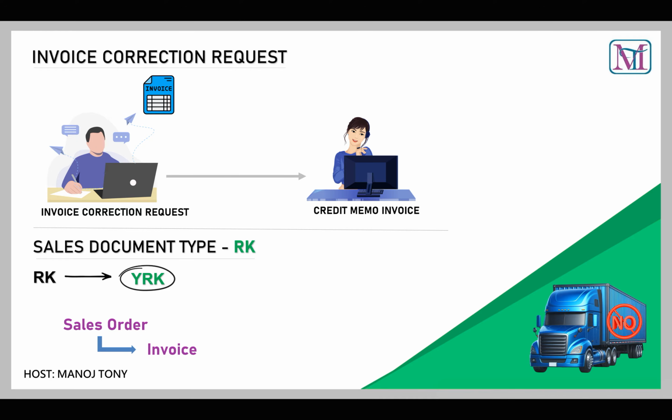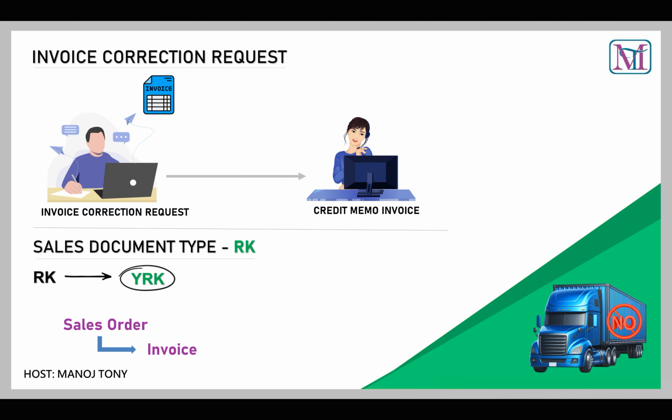We will not deliver the goods from plant location to customer location, or take any goods as return from customer location to plant location. We are just rectifying the previous invoice where the user has made some mistake. Either it may be overcharged or undercharged.